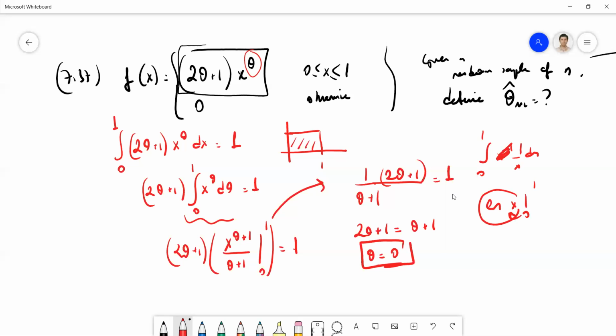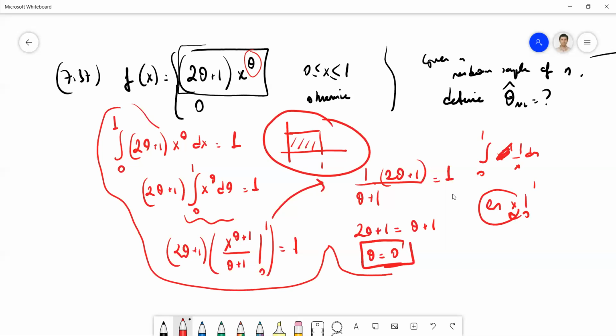I think there is a problem with that question, right? Because the only solution, as far as I can see, seems to be this solution, for which you don't need to use a maximum likelihood estimator or anything like that, and it can be determined just by using the fundamental idea behind the probability density function.